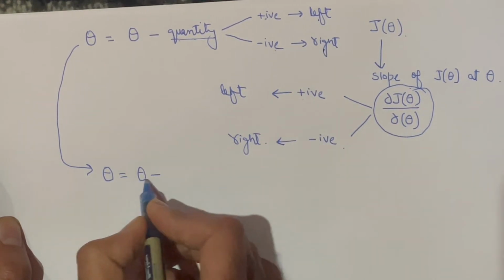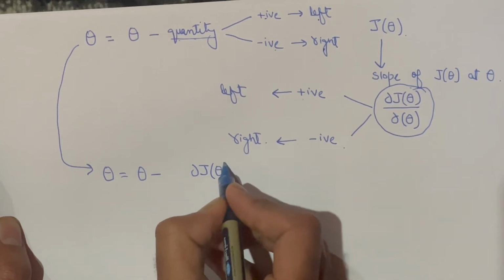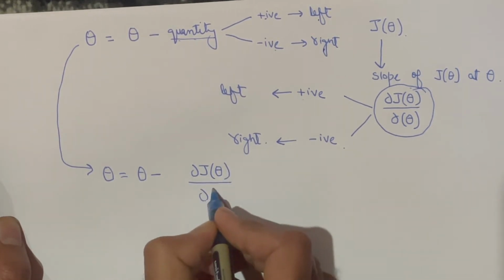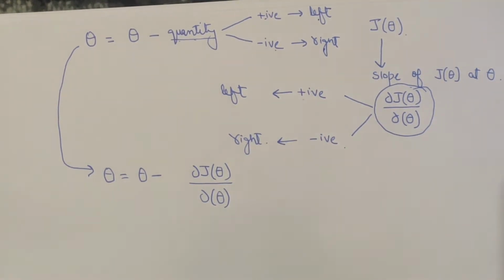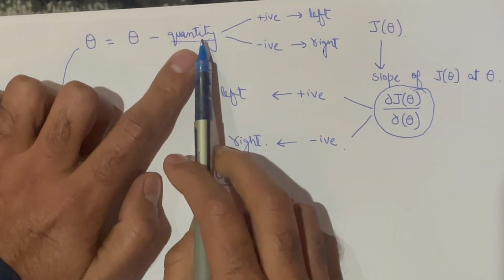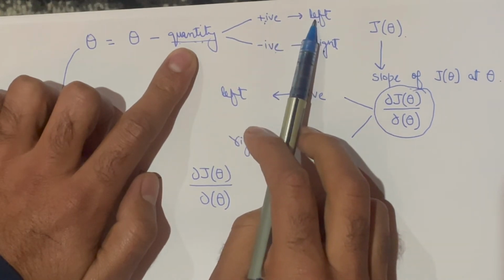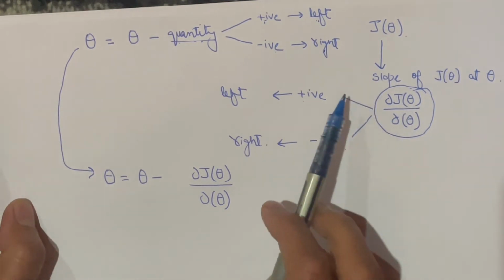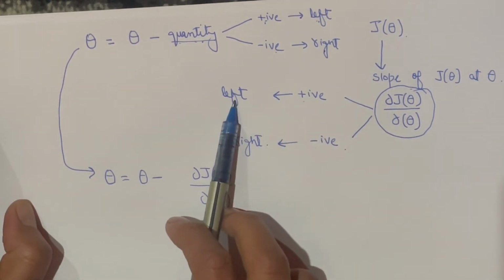If I write theta is equal to theta minus the differentiation of J theta by theta, now you can see this quantity should be positive if we have to move in the left direction. When is this quantity positive? When we have to move in the left direction.